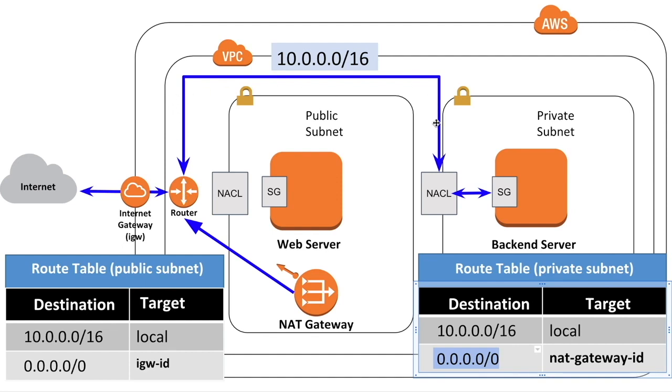So it will go here to the NACL or network access control list, and it will allow the inbound traffic. So it will go to the security group, again the security group will allow it, and it will then reach the backend server IP address with the payload. So now our database can receive the updates from the Oracle website.